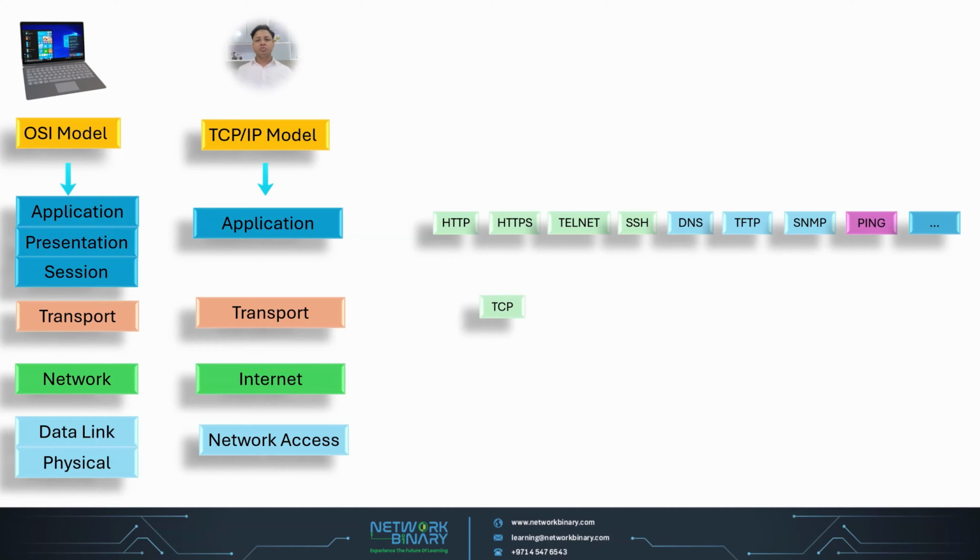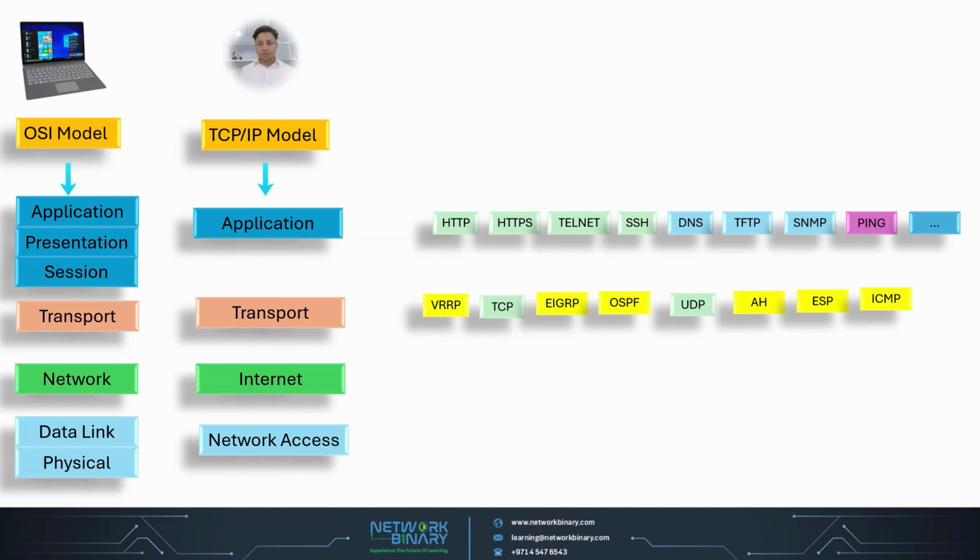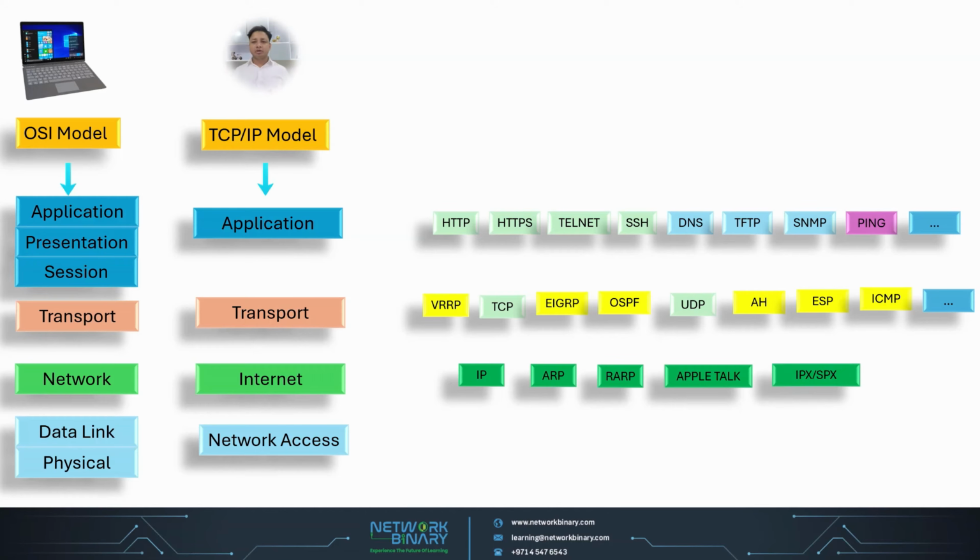At the transport layer, we have protocols like TCP, UDP, VRRP, EIGRP, OSPF, authentication header, encapsulating security payload, ICMP, and other protocols also available. At the internet layer, we have IP, ARP, reverse ARP, AppleTalk, IPX, SPX, but AppleTalk and IPX, SPX are legacy.